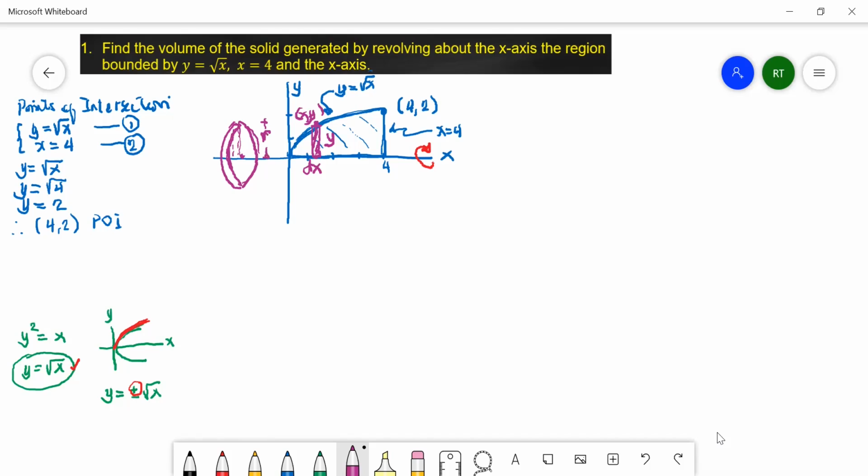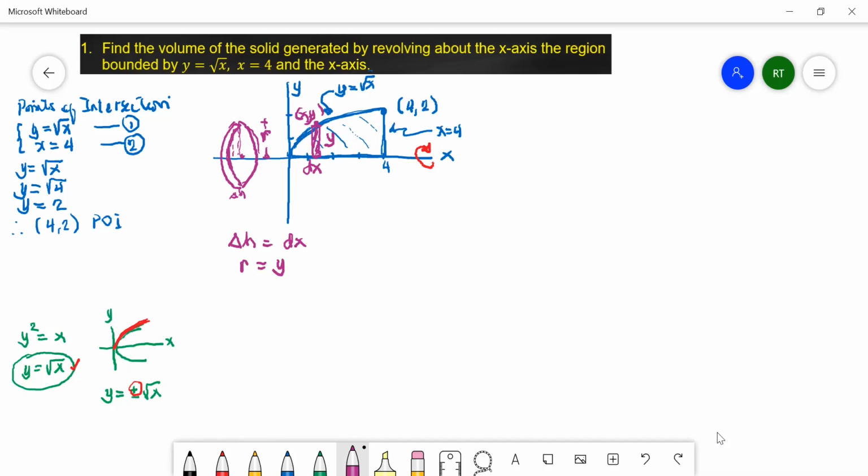So we can see that the radius r is equal to the length of the element. And this is the thickness, delta h. And delta h, the thickness, is equal to the differential of x. While the radius r of the circular disc is equal to the length of the element. It is equal to y.